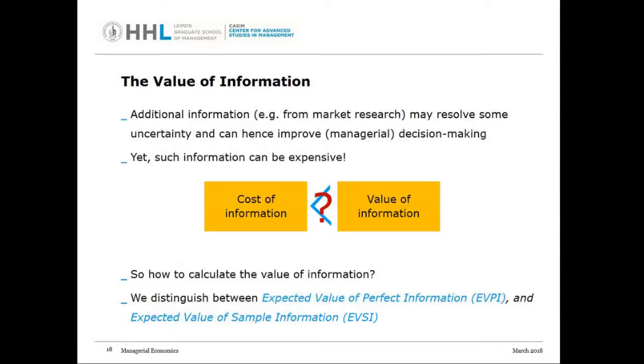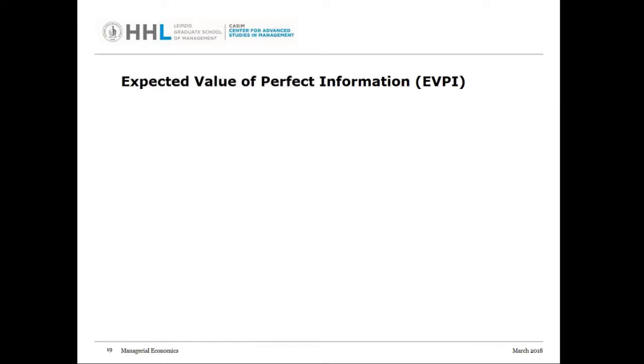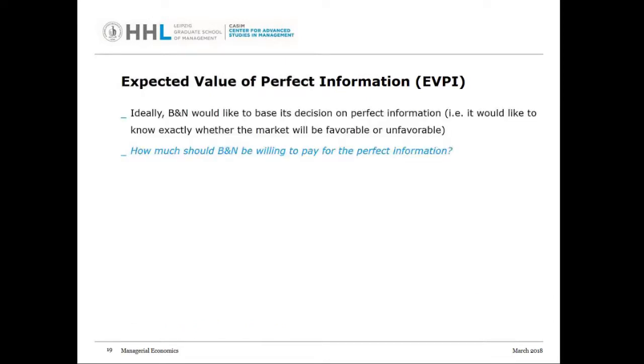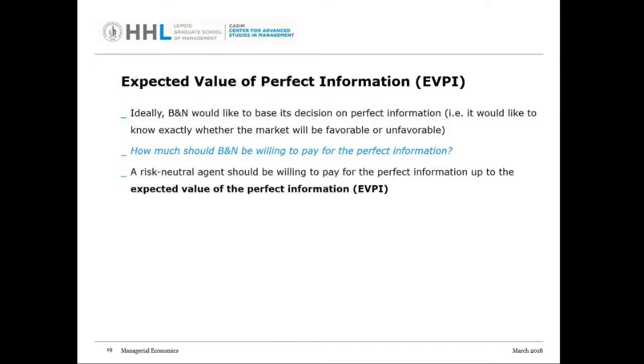So what is expected value of perfect information? Perfect information is a rather theoretical construct, an idea that all the uncertainty in the decision-making problem is resolved. So if you could get to a situation like that, what is the value of it? How much more can you earn when this happens?